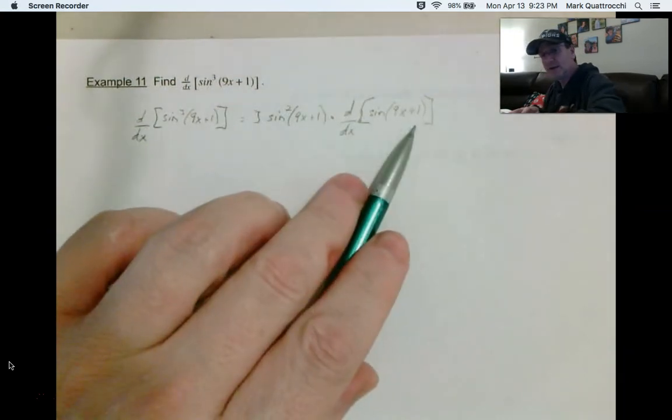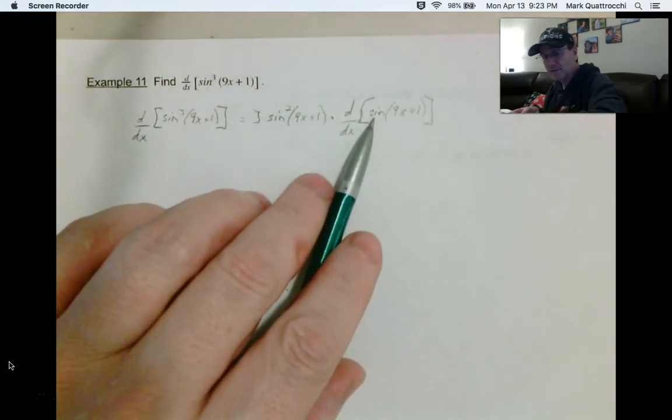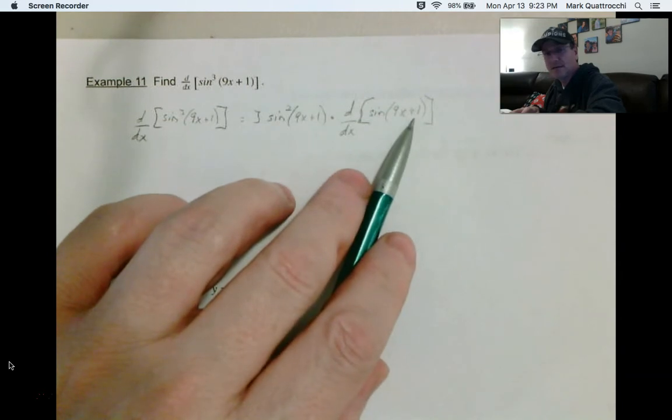This is another chain rule. So the derivative of the sine is the outside function, and 9x plus 1 is the inside function.